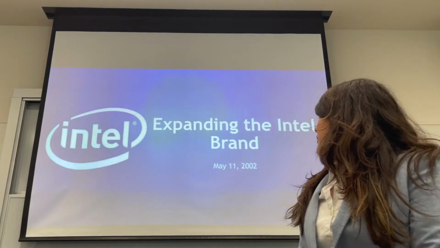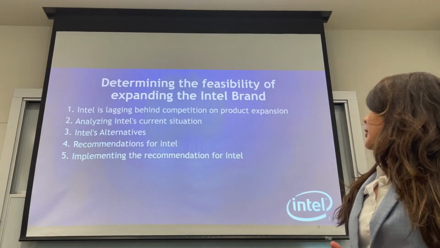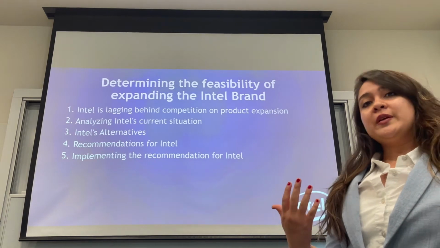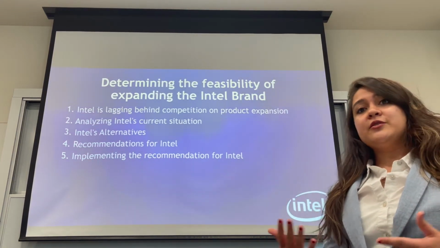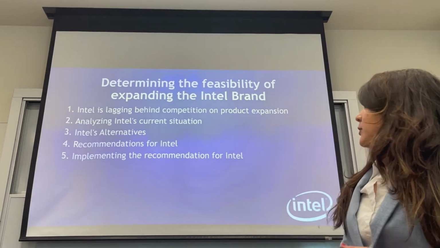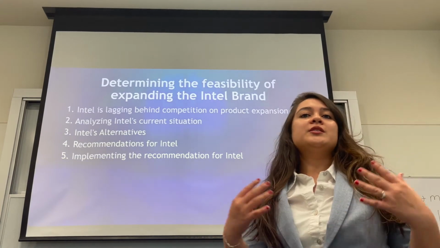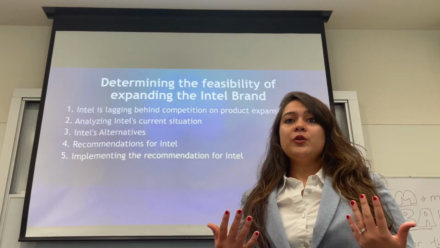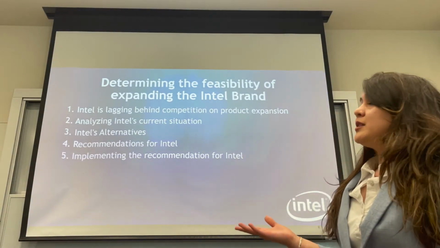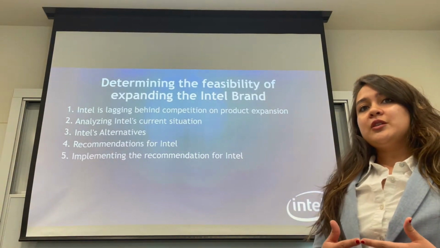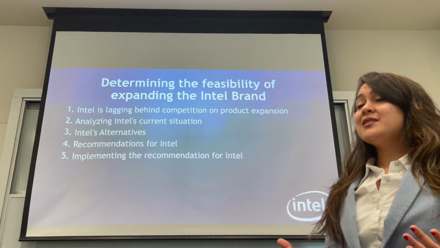So just to give you some information about what we'll be talking about today, our goal is to determine the feasibility of expanding the Intel brand into different products. The conversation will mainly start by establishing the objective, the goal, and the problem that we're hoping to address. Secondly, we're going to analyze the current situation that Intel is in by conducting a situational analysis.